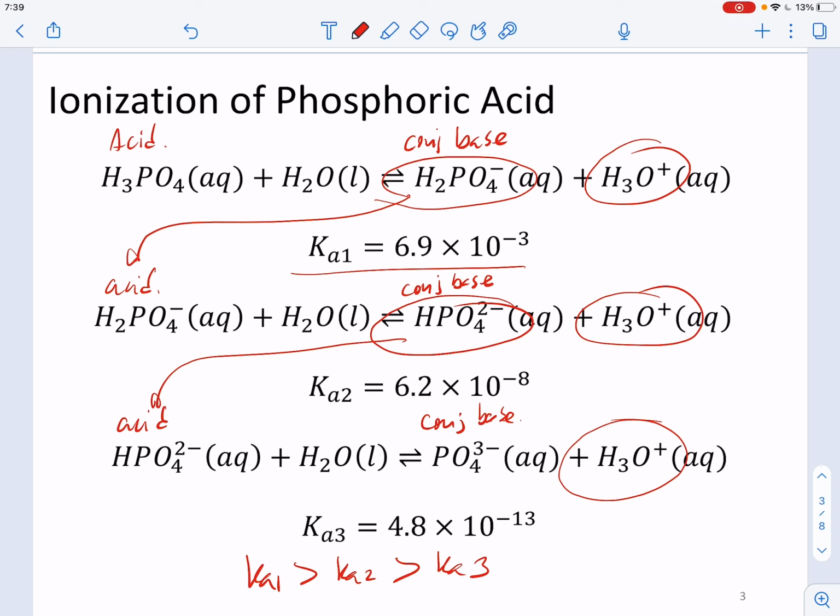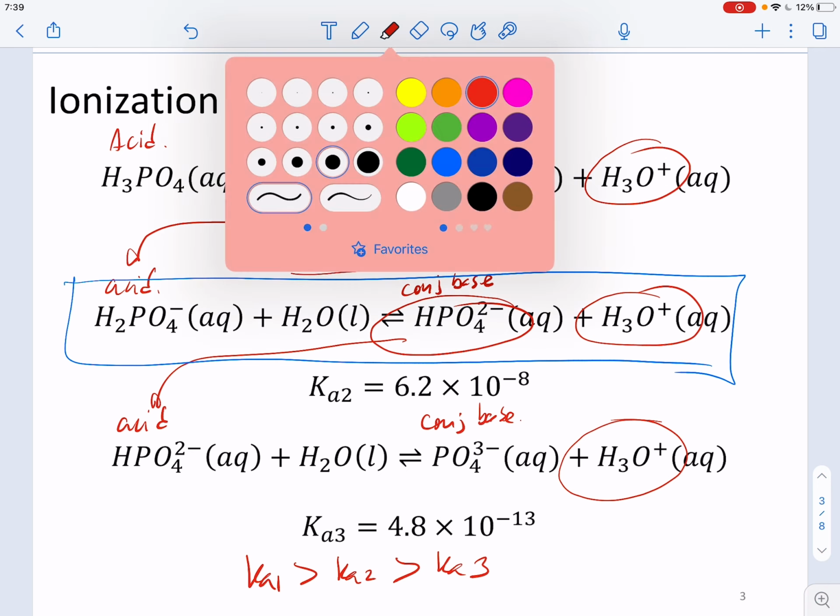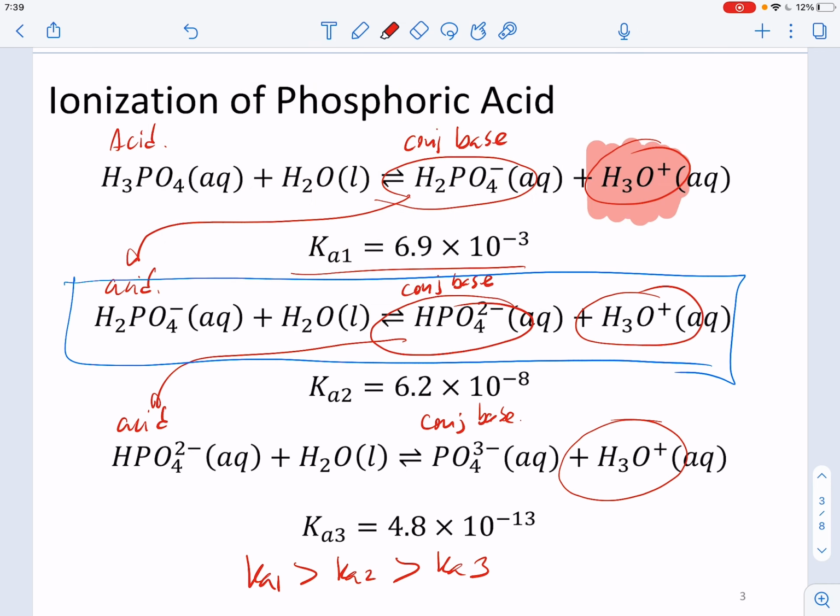For this, let's look at the second step. Well, you have already released some protons to the solution. And those protons now become part of your reaction here. And because of those protons that are already in the solution coming from the first step, this acid-base equilibrium is being pushed to the left.